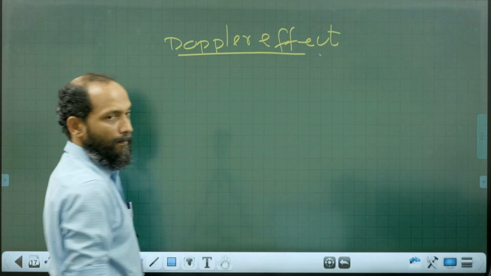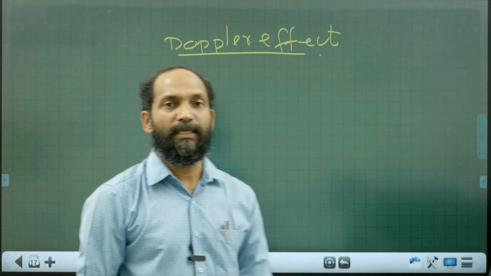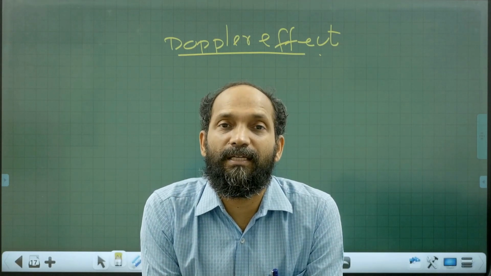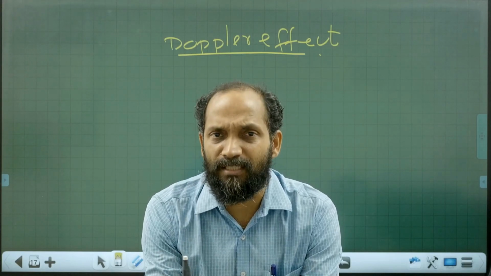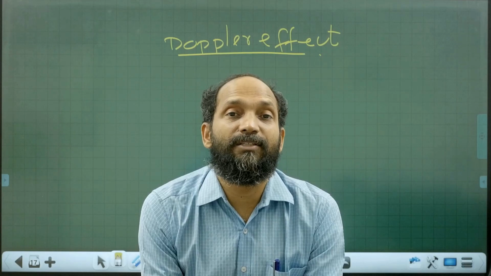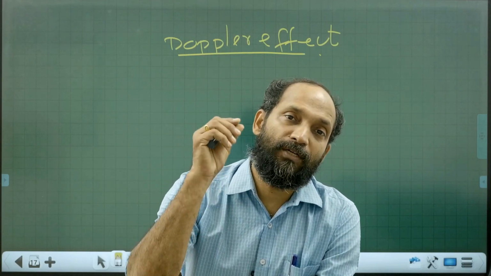Doppler effect. In this phenomenon, whenever there is relative motion between a source of sound and a listener, the frequency heard by the listener is not the original frequency of the sound.